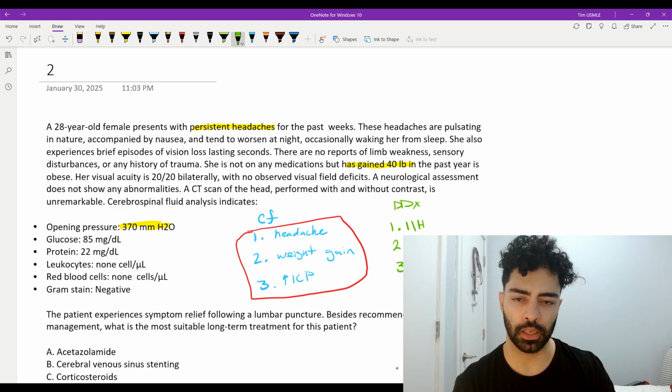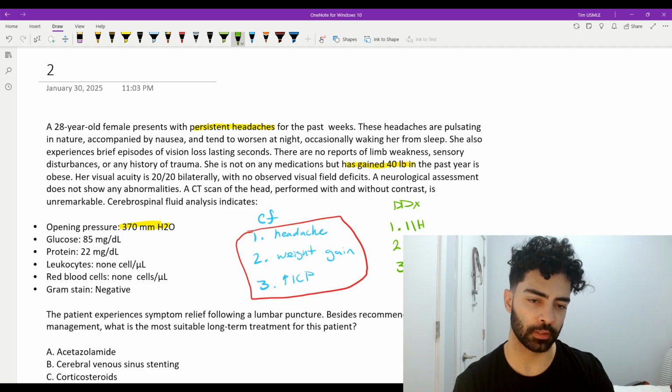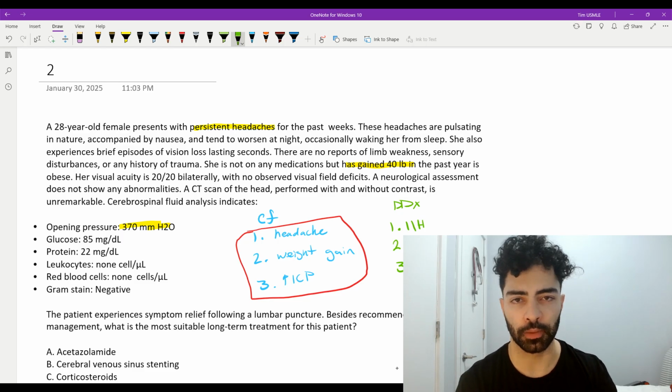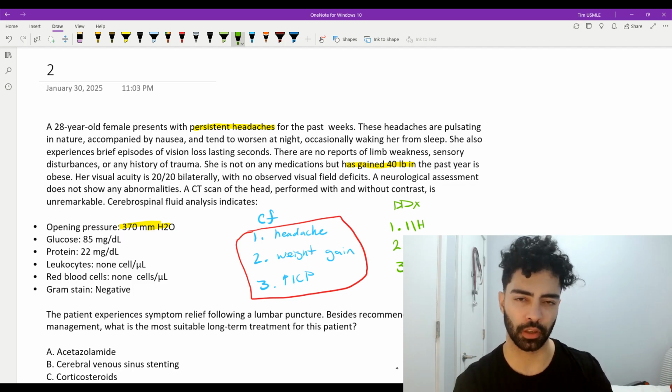Second, for me, let's put some sort of a mass effect. Although I know the CT scan is clear, but maybe we gotta do an MRI or something like that. And third one, I can't think of anything.